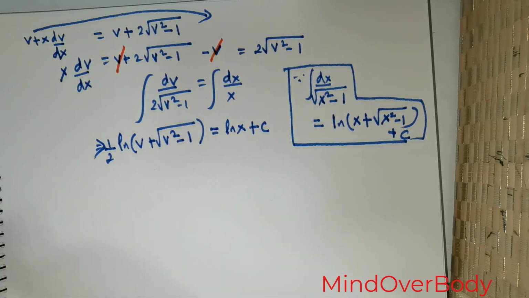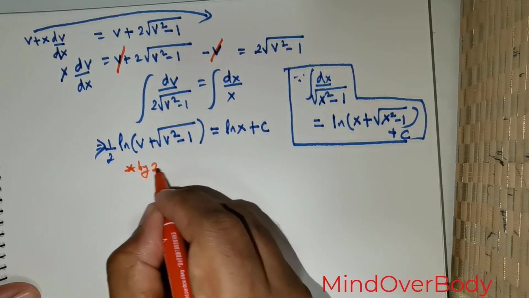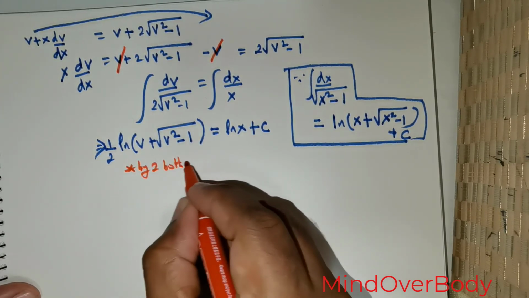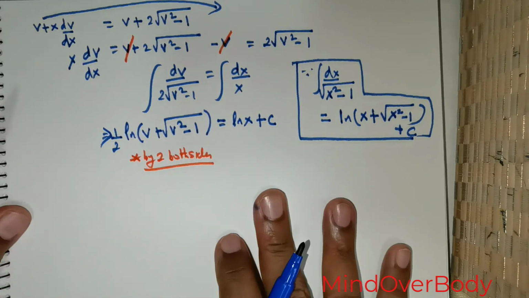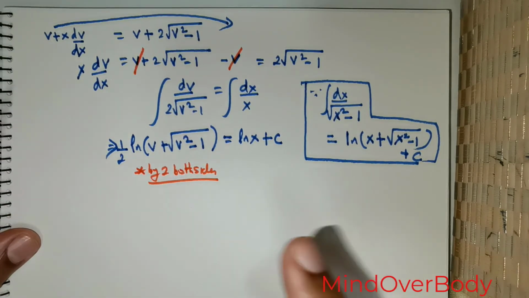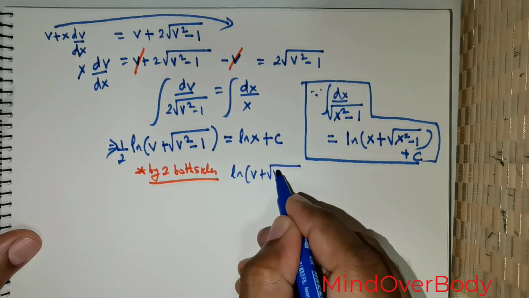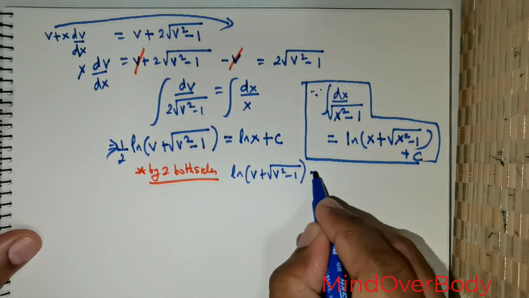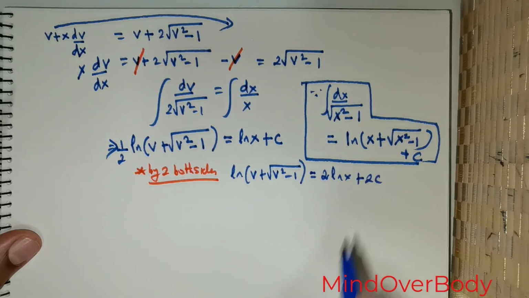Now I would multiply by 2 both sides. Now when I do that I would get ln of v + root of v² − 1 is equal to 2 times ln x + 2 times c.